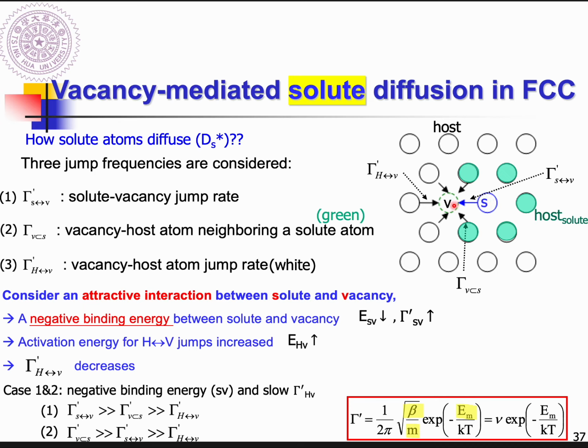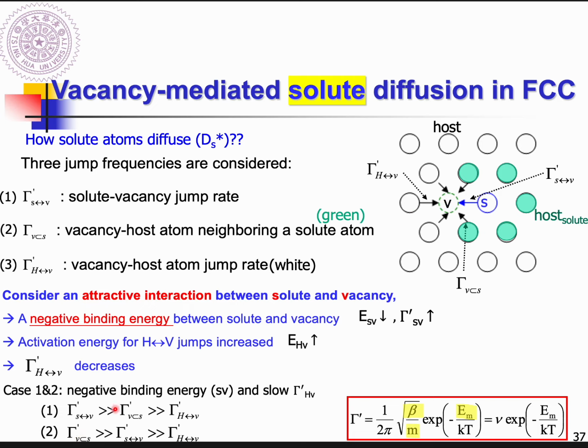Between the solute and vacancy, and the host atom neighboring solute and the vacancy. So for case 1, we assume the gamma prime between the solute and vacancy is much larger than the host atom neighboring solute atom and the vacancy. And the slowest one is the gamma prime between the host atom and vacancy.